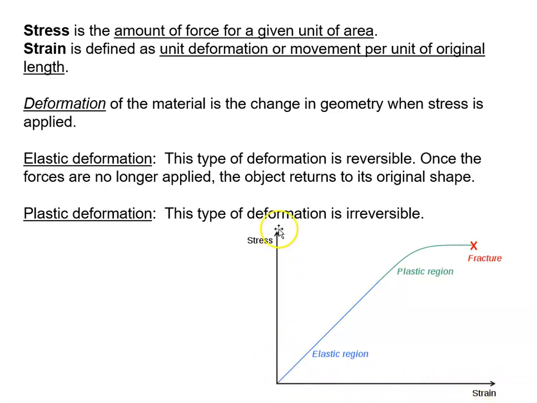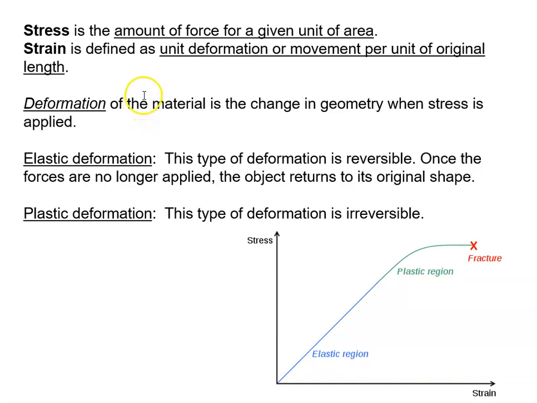So we're going to chart the relationship between these. We can see that this line is telling us as the stress is increasing, the amount of strain is growing, and then it kind of tapers off, and then it fractures. So the relationship between the stress and the strain is what's being charted here.